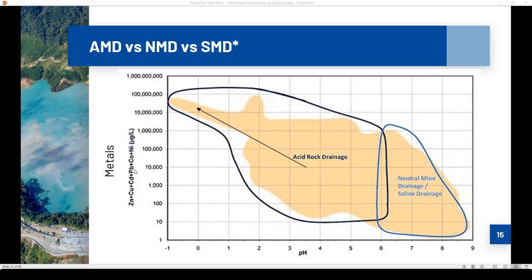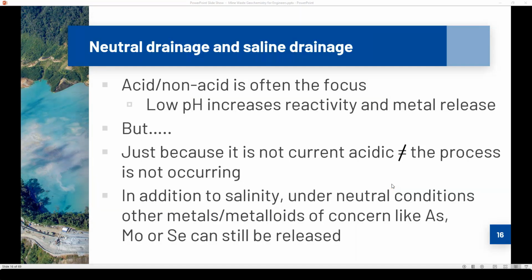Just looking at the summation of some minerals there on the y-axis, we can see that as the pH drops, we get orders of magnitude more metals that typically go into solution than under neutral conditions. And that is why we often focus on the eventual pH and try and prevent the low pH waters from occurring on a mine site.